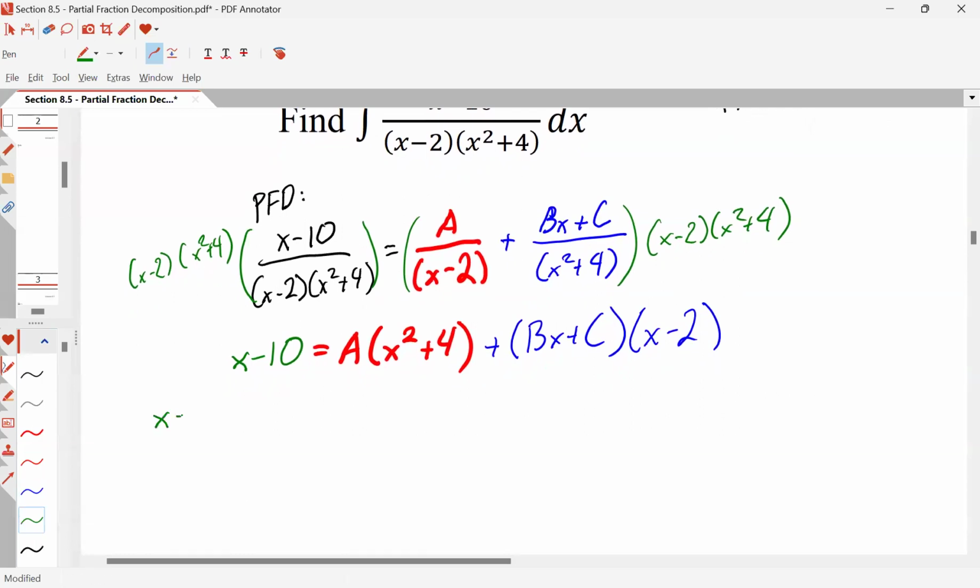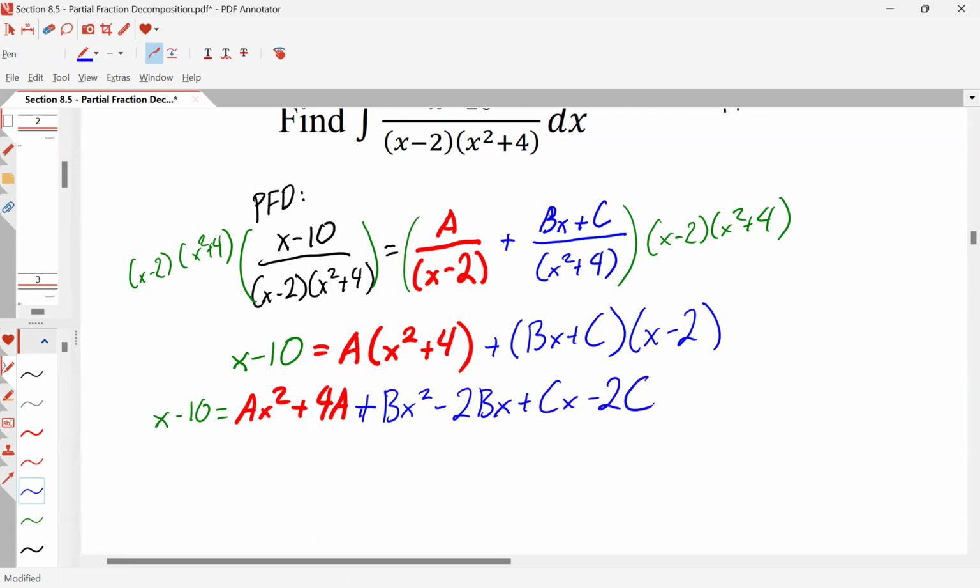And I get x - 10 equals A(x² + 4), which is 4 times A, plus Bx² - 2Bx + Cx - 2C.